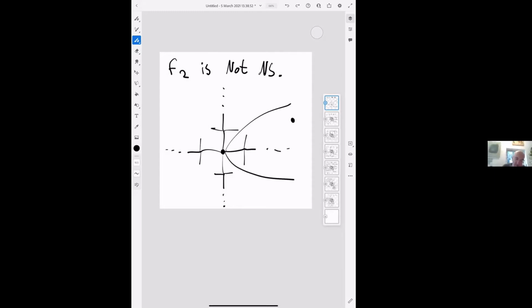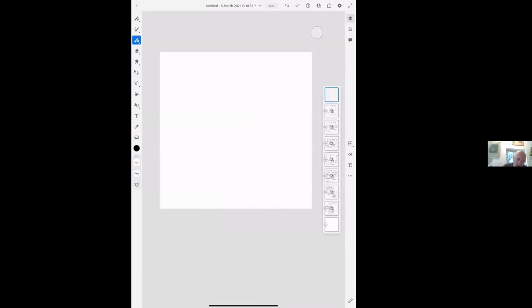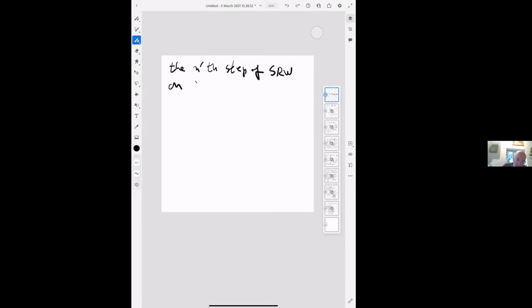The random walk went somewhere far away here, and the point about random walk on the free group is that the position at the n-th step of simple random walk on F2 is uniformly correlated with the first step.